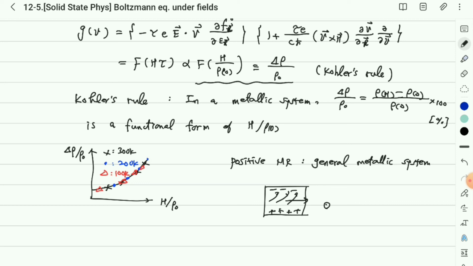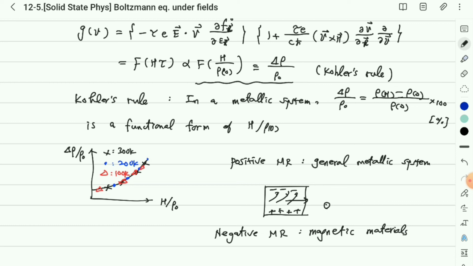But in some cases, we see that there is a negative magnetoresistance. Negative magnetoresistance is exceptional because in some magnetic materials or correlated systems, they may have very complicated interactions, and the interactions enhance correlation under the magnetic field.